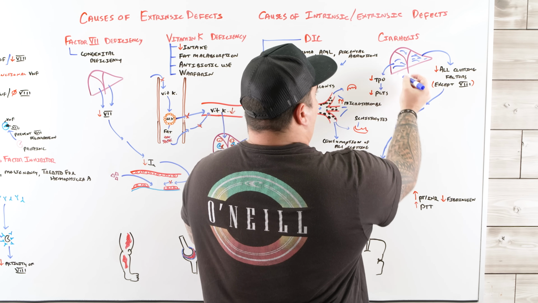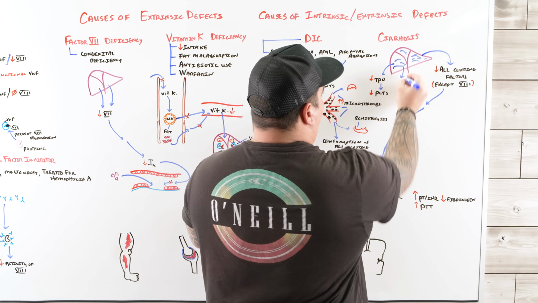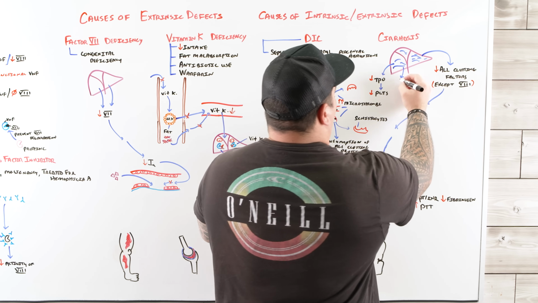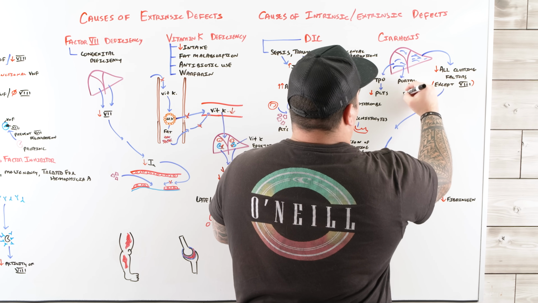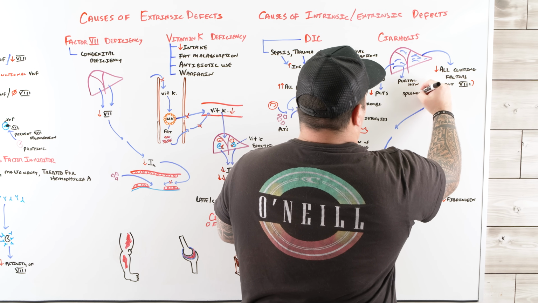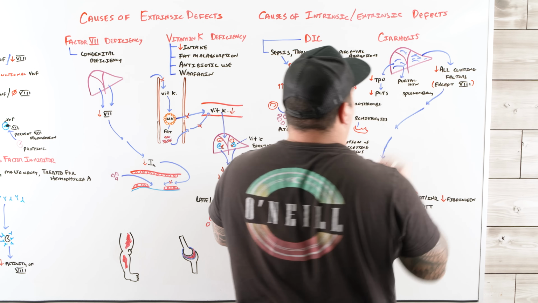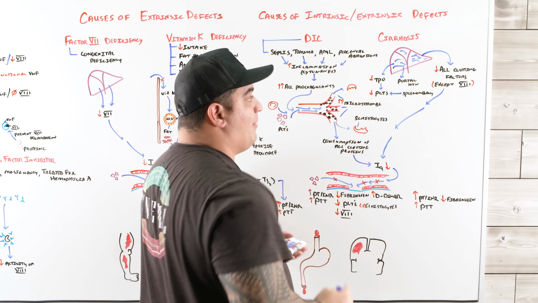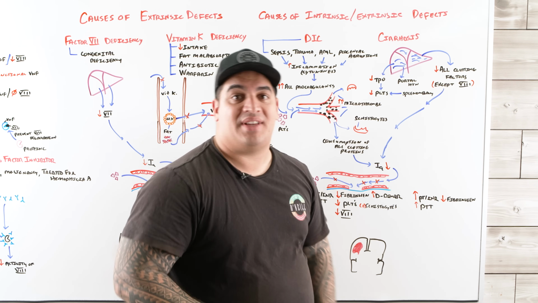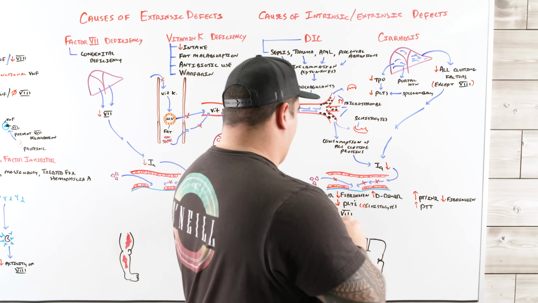The other thing is that liver disease can lead to portal hypertension, and that portal hypertension can lead to splenomegaly. That big old spleen can sequester platelets, and if it sequesters the platelets, it can drop the platelets. So can patients with really bad cirrhosis have thrombocytopenia? Absolutely they can.